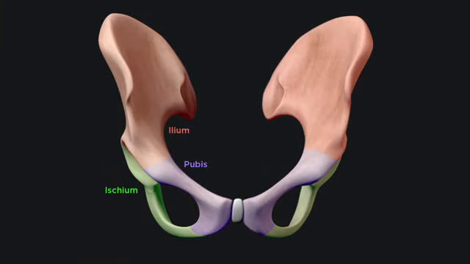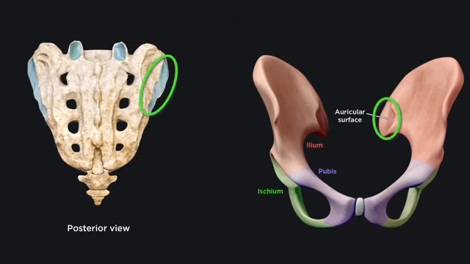On the ilium, there's a feature called the auricular surface. That's auricular, meaning ear-shaped from the Latin word for ear, not to be confused with articular, which means any joint surface. The auricular surface of the ilium is on the medial side of the posterior aspect of the bone. It forms a joint with the corresponding auricular surface of the sacrum.